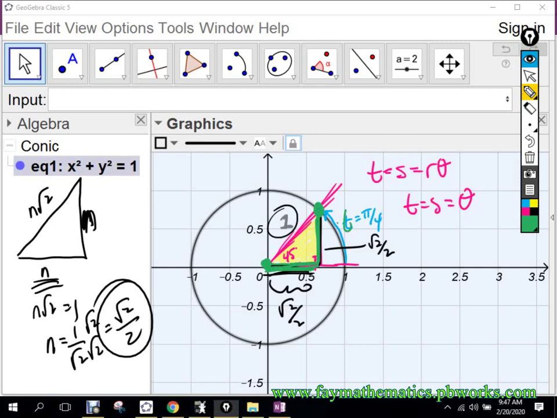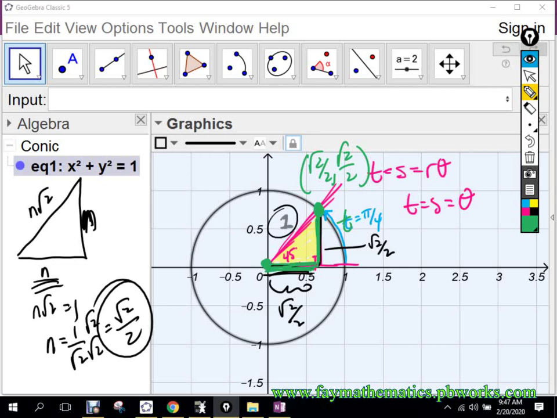It gets me to that terminal point. I travel an x distance of radical 2 over 2, and a y distance of radical 2 over 2. So the terminal point associated with pi over 4 using special right triangles is radical 2 over 2, comma radical 2 over 2. Does that make sense?